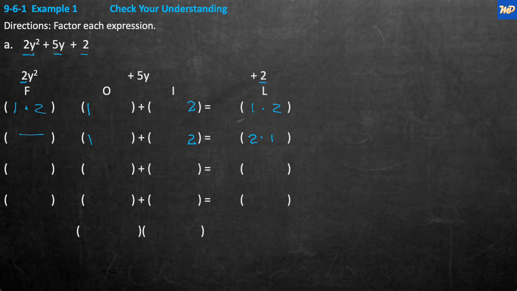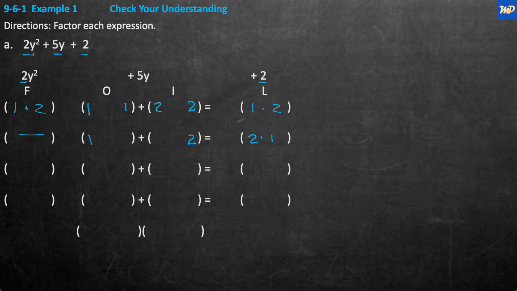And once we have this now, we can go ahead and fill in the rest of the missing spaces here. So we filled out the F term, the 1 and the 2. So now we have 2 of the inners, right? We did the outers, and now we're going to do the inners. And the inners are, keeping them in order, a 1 right here and a 2 right there.